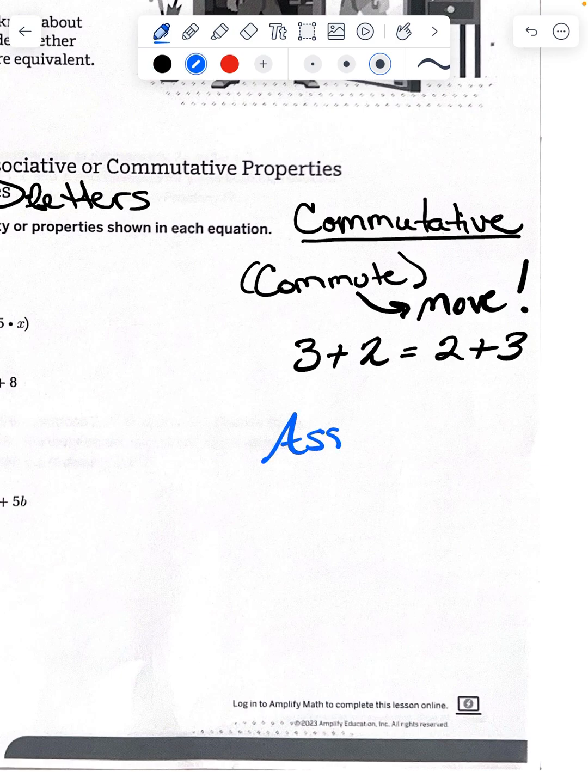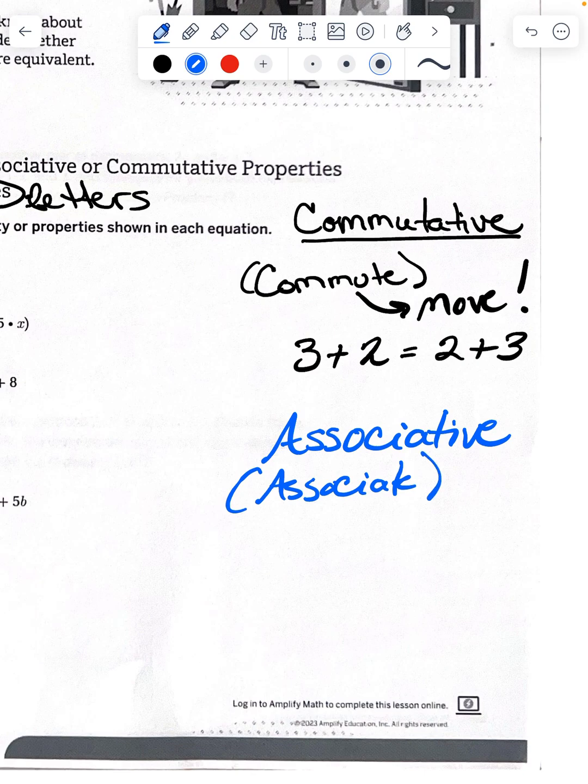And then we have the associative property, okay? When you think of the word associative, I want you to think of the word associate, okay? Again, not a word that we use in our vocab a whole lot. So when you think of the word associate, I want you to think about who do you associate with, okay?